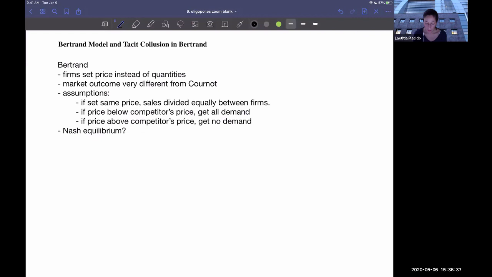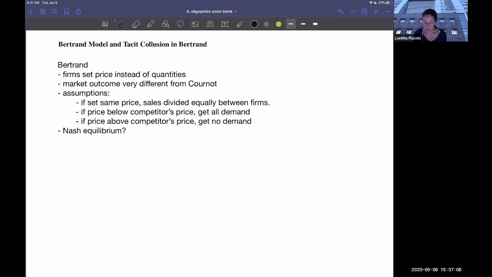So now we move to the Bertrand model. So in the Bertrand model, things are a little bit easier. In that model, firms are going to compete in price and not in quantity. We will see that the market outcome will be very different from the one under Cournot.